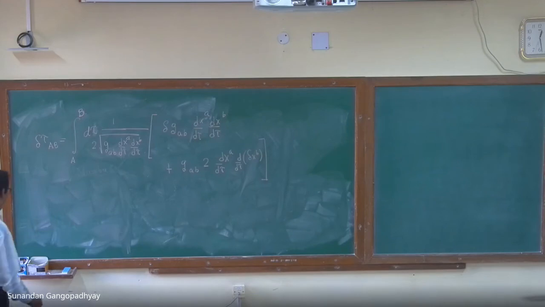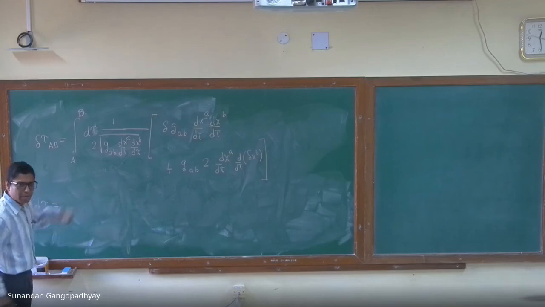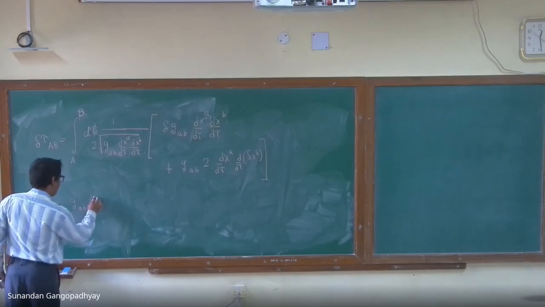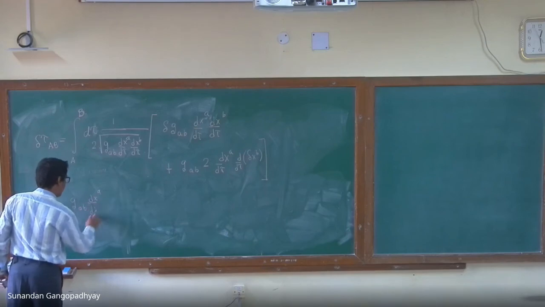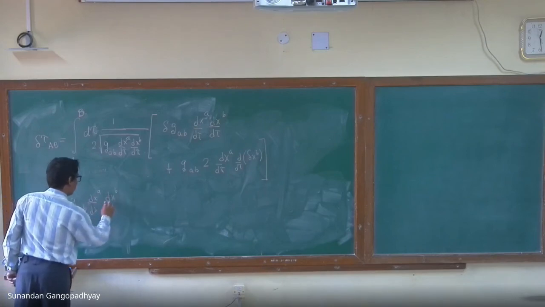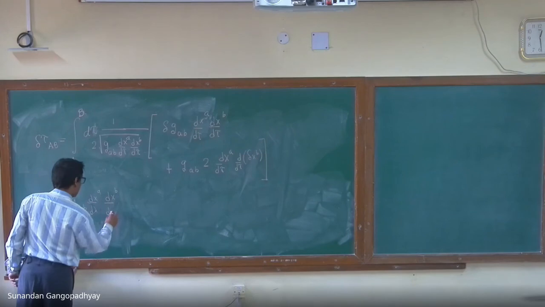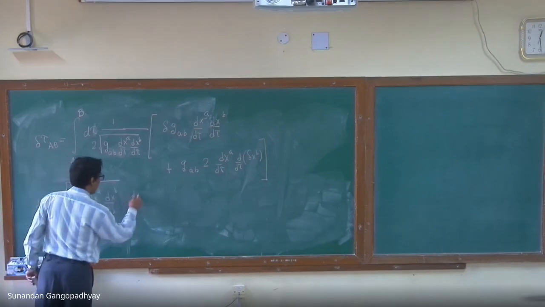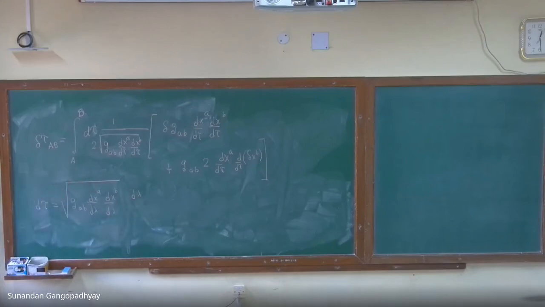Another thing is that, remember what d tau was. This is also important. d tau was square root, right? So this was GAB dxa d lambda dxb d lambda, square root d lambda, right?